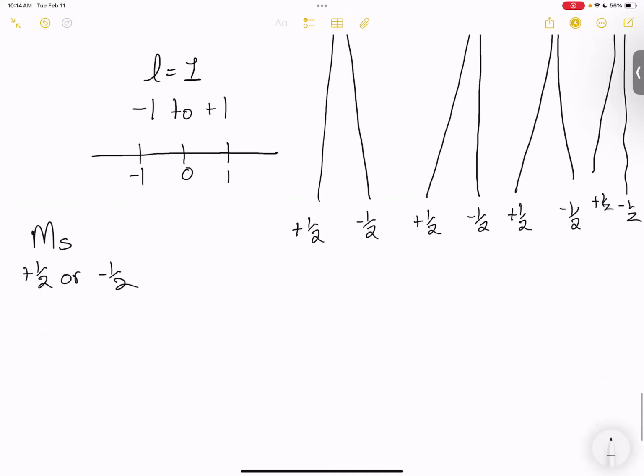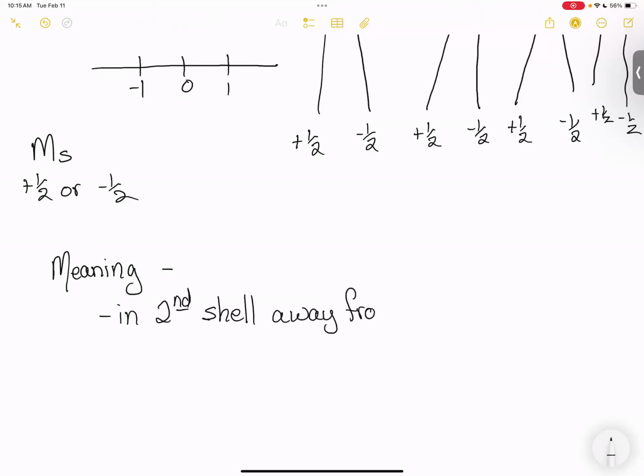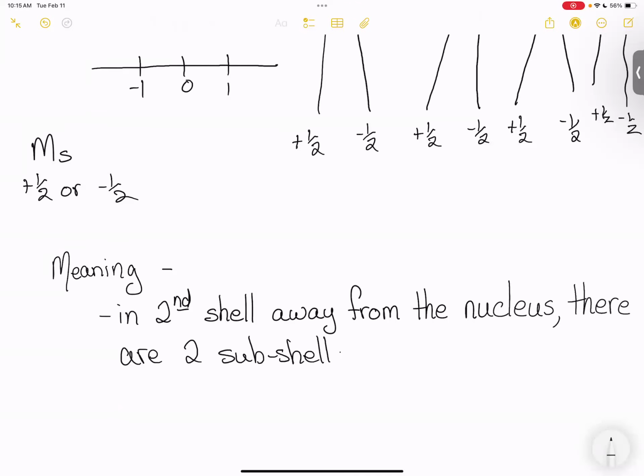What it means is in the second shell away from the nucleus, there are 2 subshells: an s subshell and a p subshell.